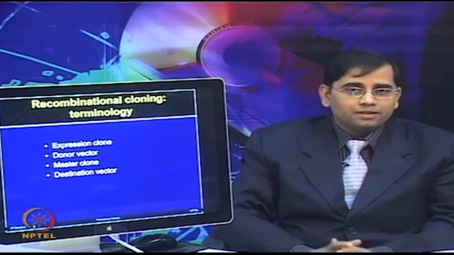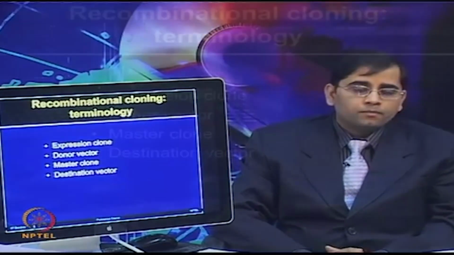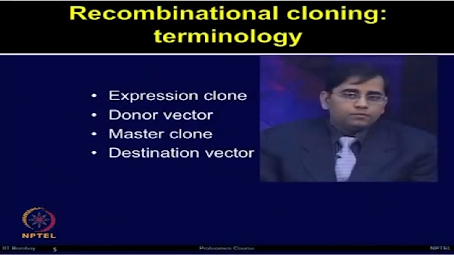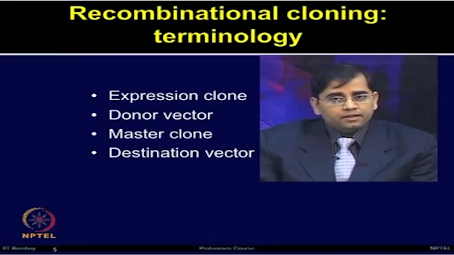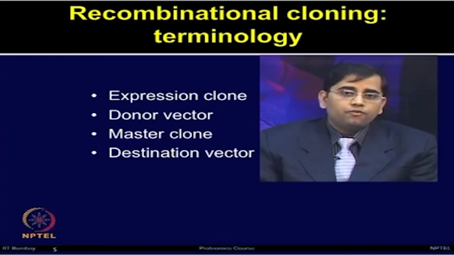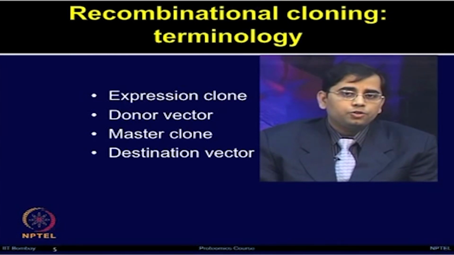These things will slowly become clear to you in the subsequent slides. So, let us define what a master clone or entry clone is. It is the vector containing the gene of interest flanked by attL sites. Entry clones are formed by the BP reaction and further used in the LR reaction to produce expression clones of interest.